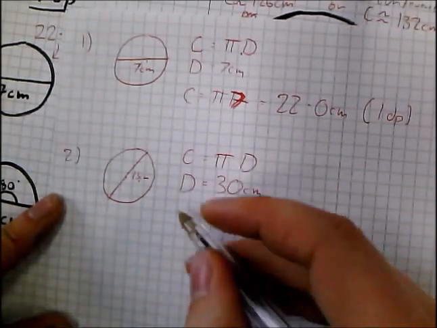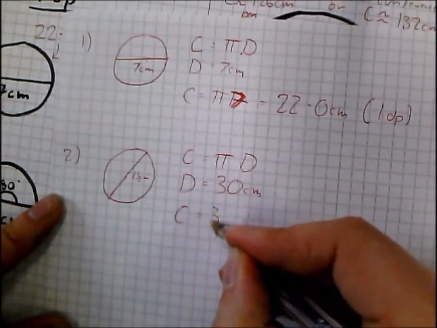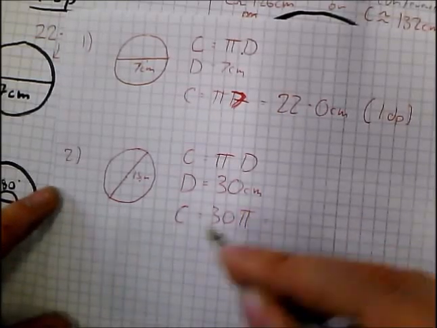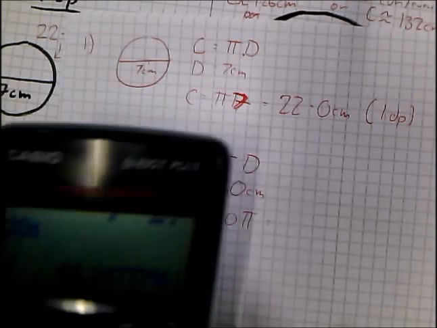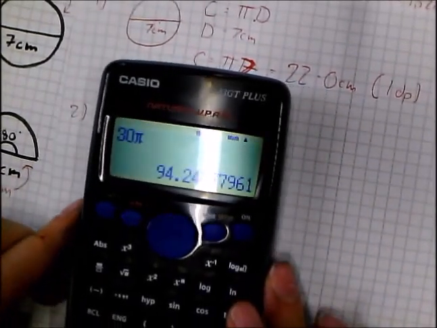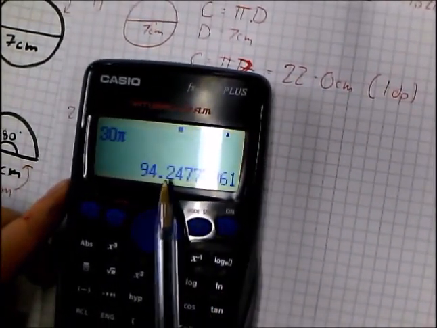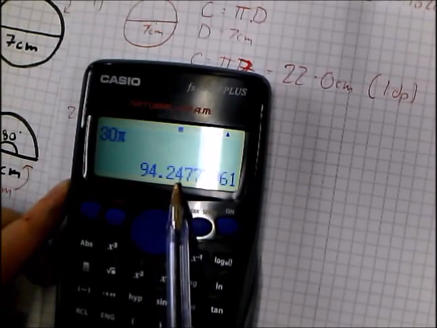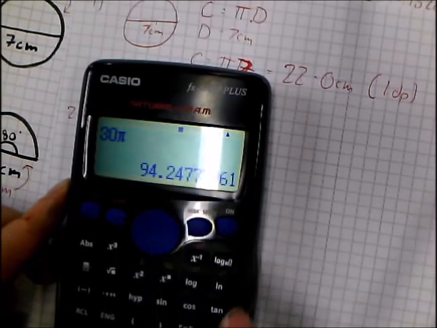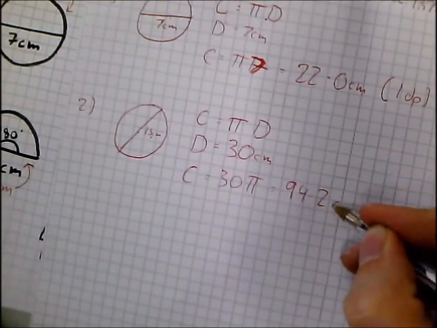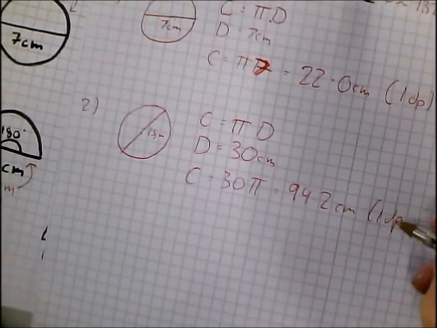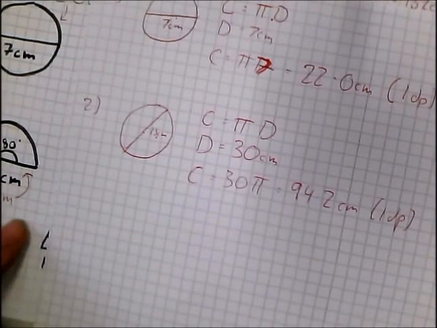So the circumference is 30 pi. I've got no more calculation to do with that, so 30 pi on my calculator gives me 94.2477. So the 0.2 is my first decimal place. The next number is less than halfway, so it rounds down to 94.2 centimeters, 1 decimal place.